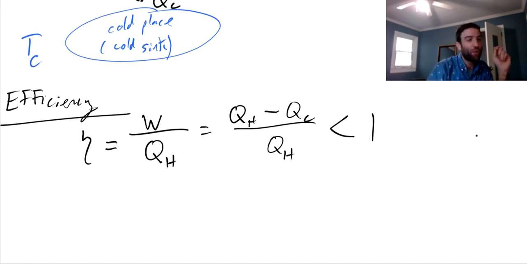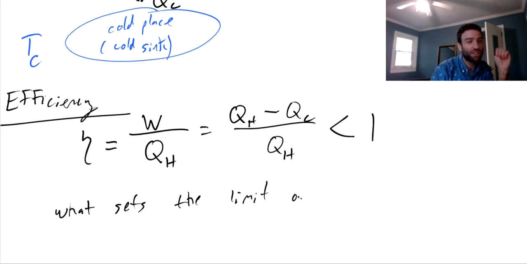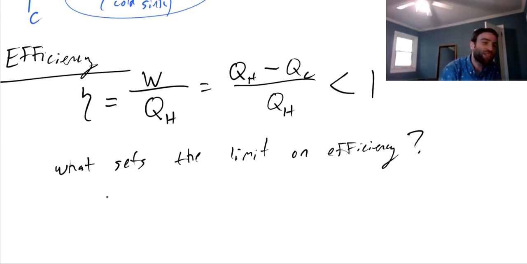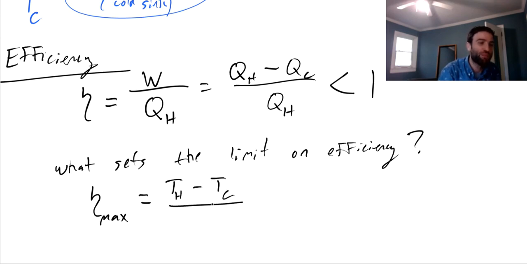Now, what sets the limit on efficiency for any engine? It turns out the maximum efficiency of any engine, no matter how clever you are with your engineering, no matter what tricks you do, is related to the two temperatures that you are running your engine between.